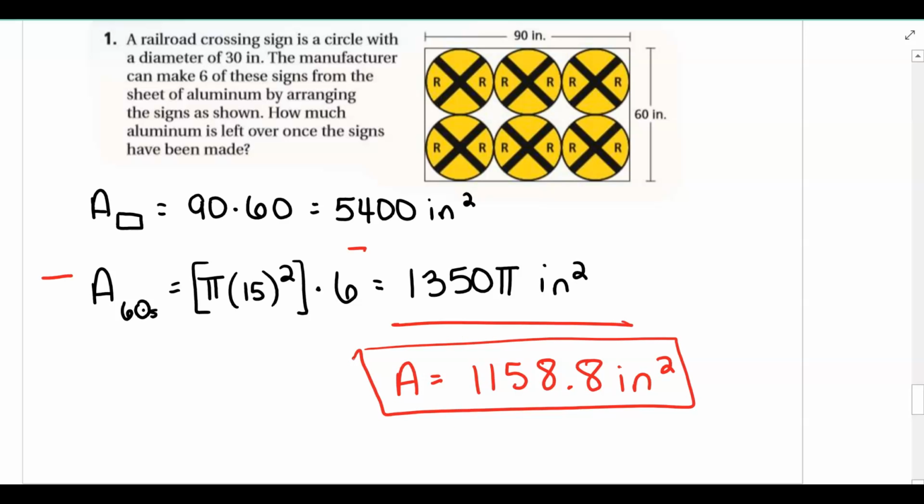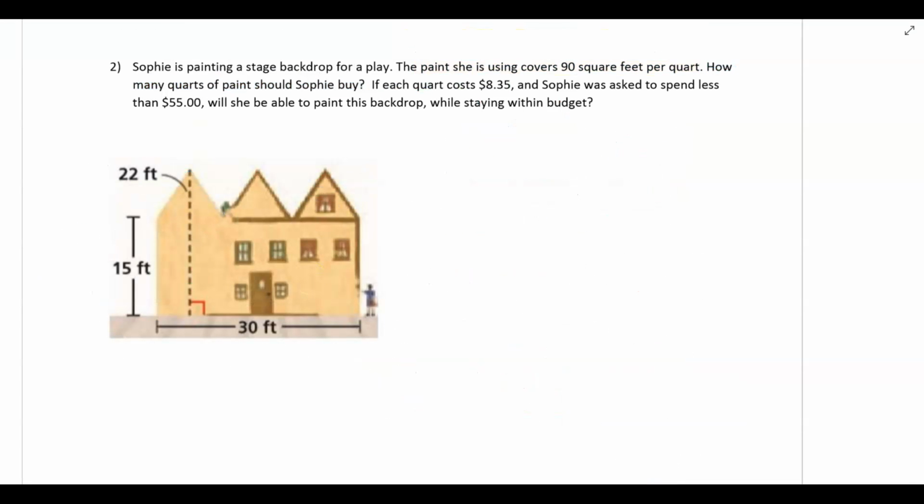Okay, next question. Okay, this question, we're painting the backdrop. We want to figure out basically how much paint is needed and whether or not we can afford all of the paint that's needed. So in order to do that, we need to know the area of this space. In order to know the area, we have to split it up into different shapes. So let's start off with the area of this base rectangle.